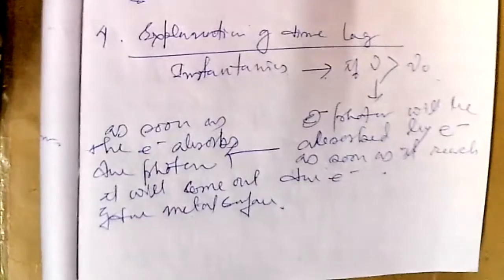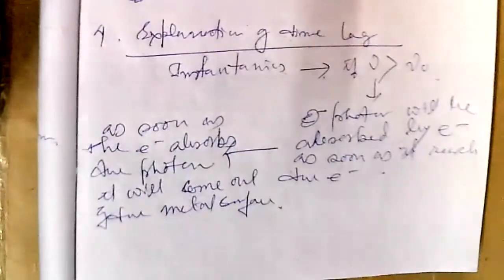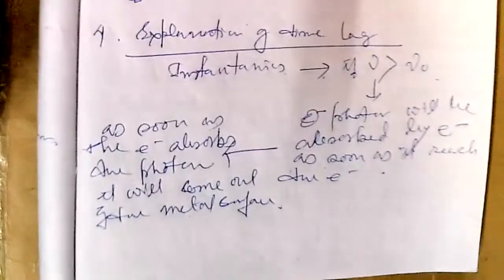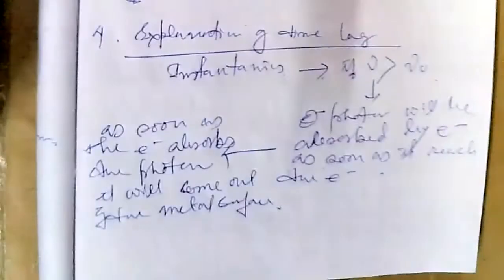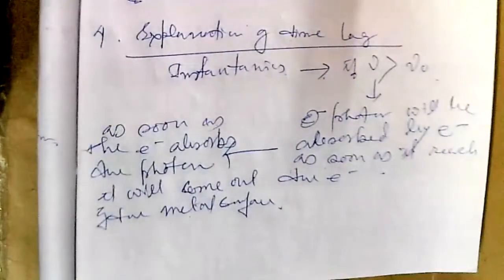Now, as I mentioned, Einstein's theory shows the particle nature of light, the photon. So, in the photon picture of electromagnetic radiation, the observation of the photoelectric effect clearly indicates that when light interacts with matter, it behaves as if it was made of discrete packets of energy. So a photon is basically a packet of energy. You can find packets of water, and also you can have continuous water.